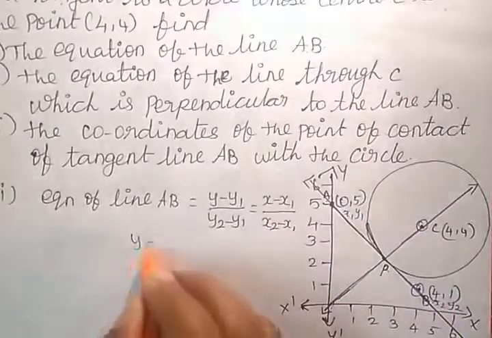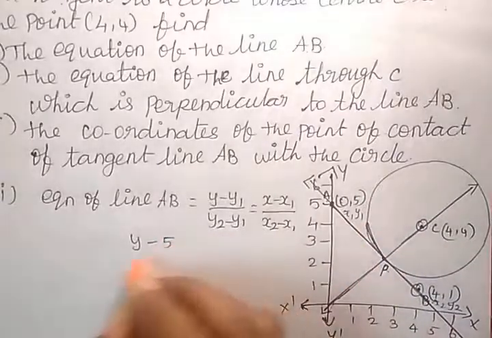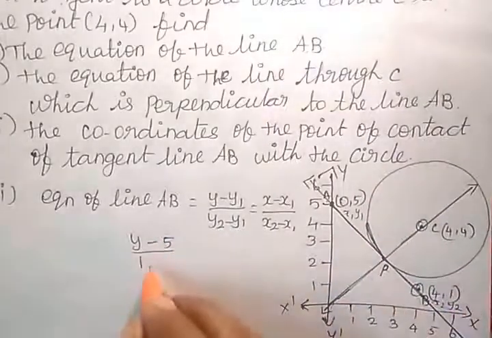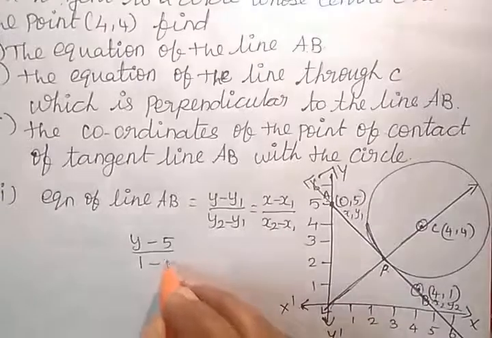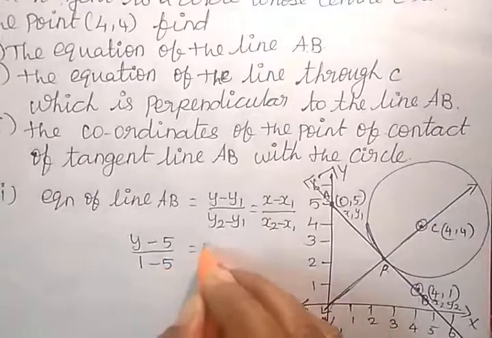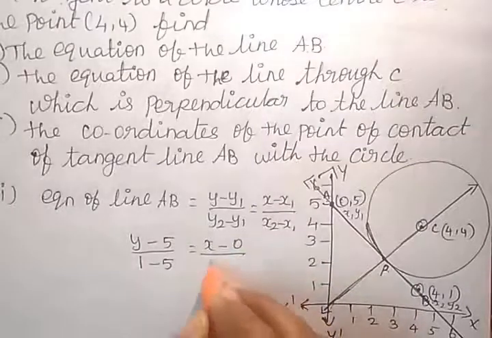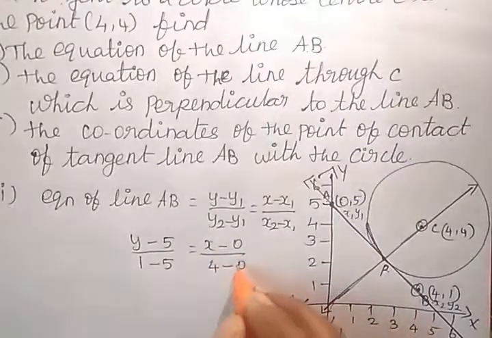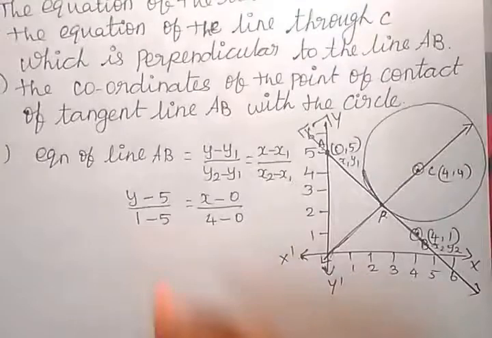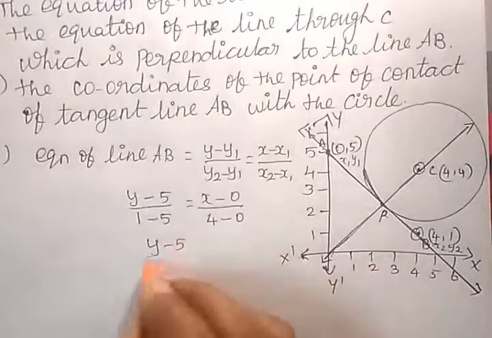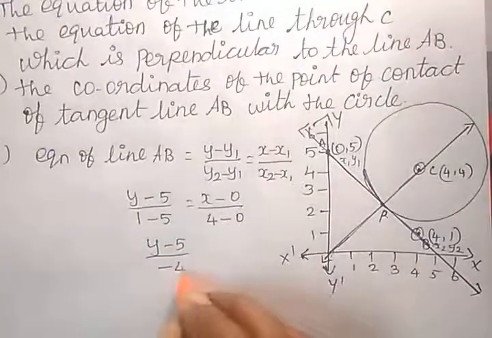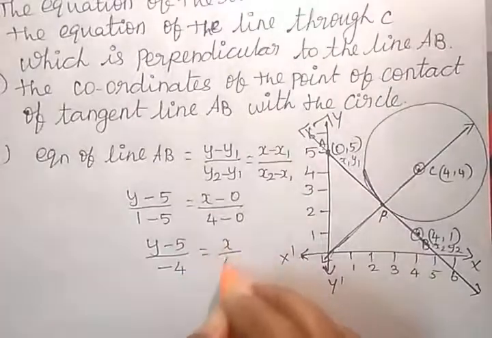So y minus 5 by 1 minus 5, which is minus 4, is equal to x minus 0 by 4 minus 0, so x by 4.